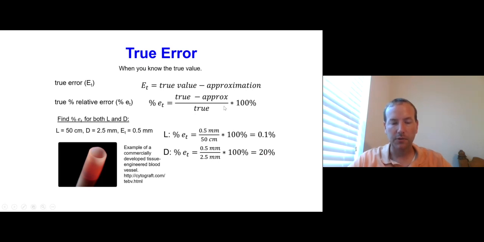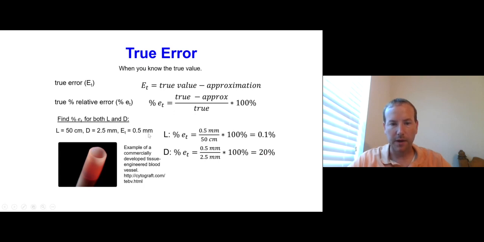To give you a real quick example of using this, say you're asked to find the percent relative error in both the length and the diameter of this tissue engineered vessel, which is really interesting. This company Cytograph is actually doing cell-seeded tissue engineered vessels that get implanted in various different types of surgeries. So say the length is 50 centimeters, and the diameter is much smaller than that, of course, and there's a certain error in those measurements.